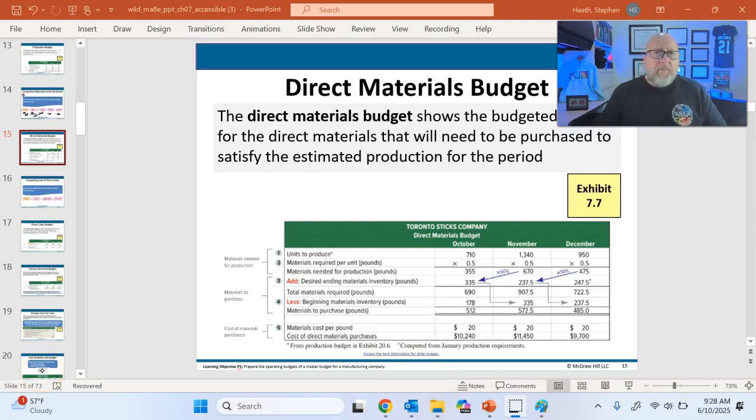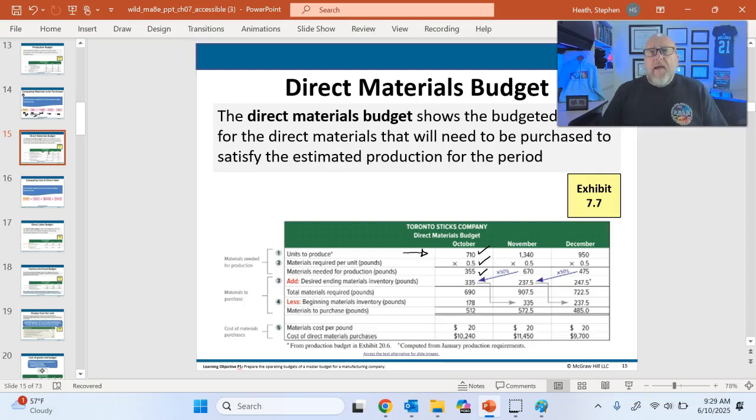Okay, so in this particular example, based on a previous discussion, in October we are going to produce 710 units. And in this example, we're going to need a half a pound of material, and therefore we're going to need 355 pounds for production.